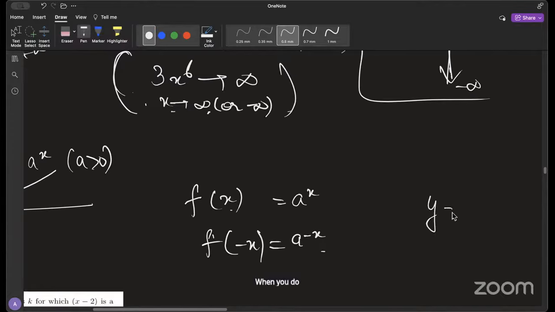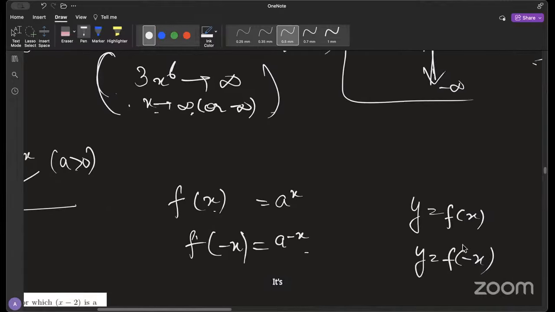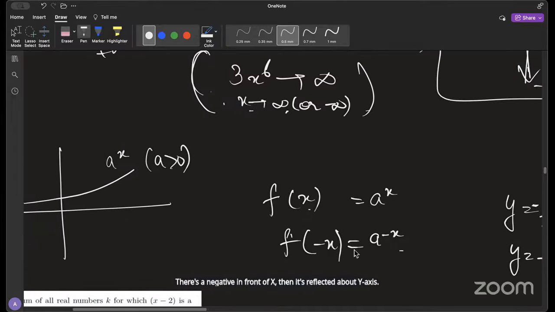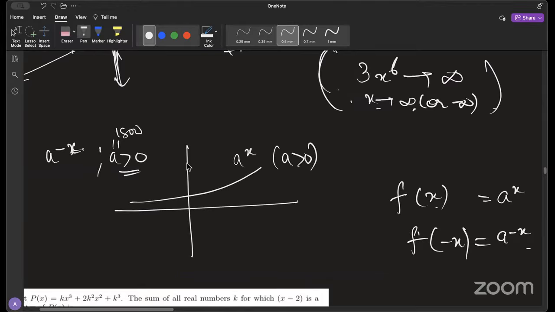When you do y equals f(x), and y equals minus f of minus x, this basically means, if you have to look for a trick to learn this, if your y is negative, then it's a reflection about the x-axis. If there's a negative in front of x, then it's reflected about the y-axis. So reflected about the y-axis means this thing becomes this. Can you repeat again?